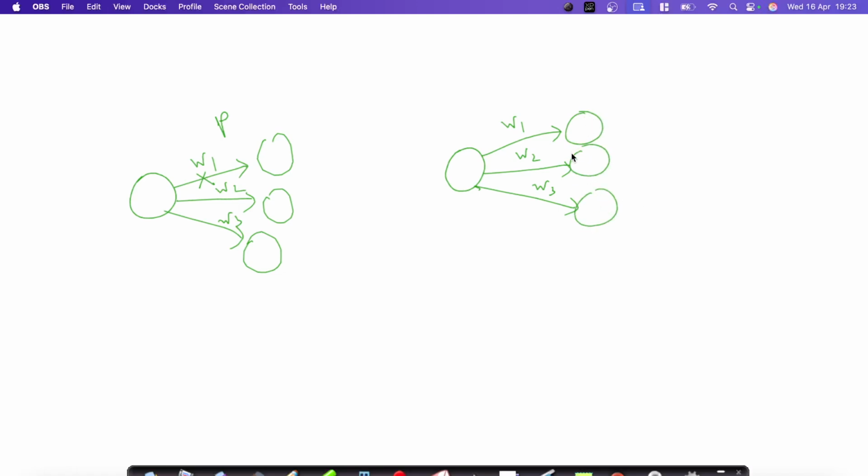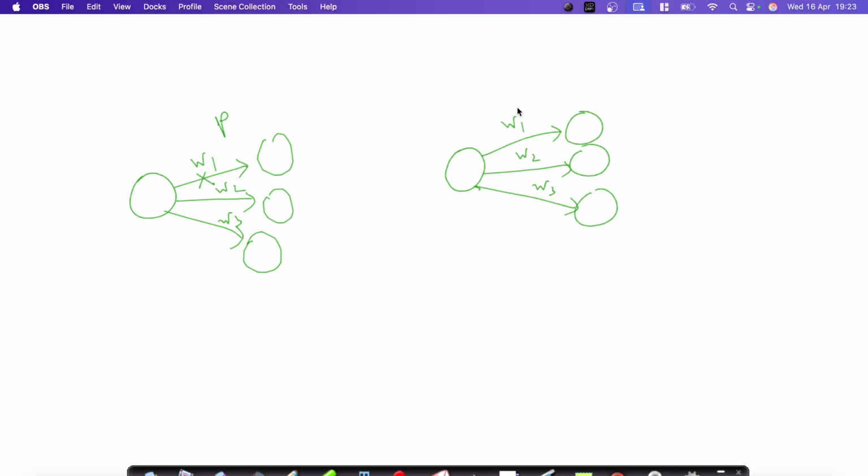So during the testing time, should we consider all these weights or not? It comes out that all these edges, all this connectivity, will always be present during the testing or prediction time.